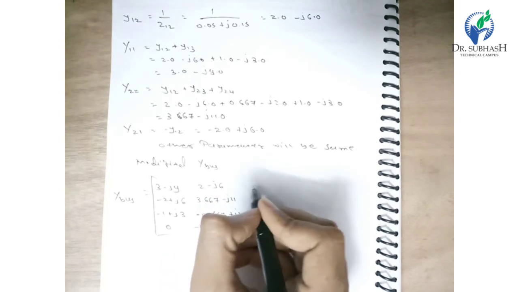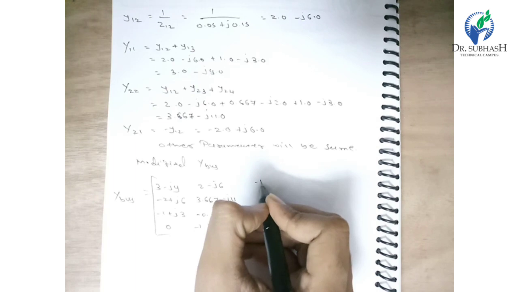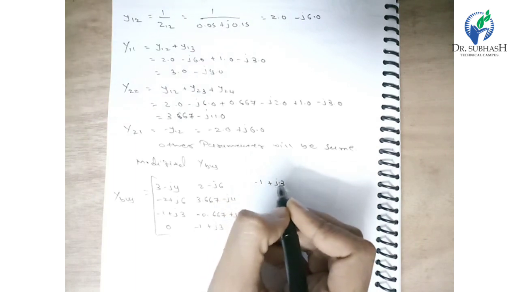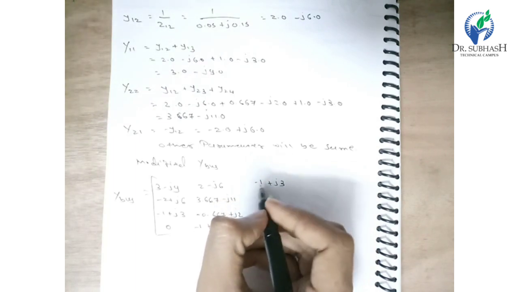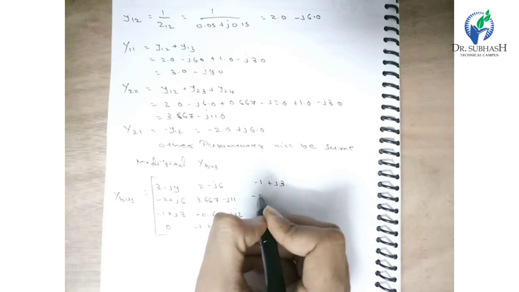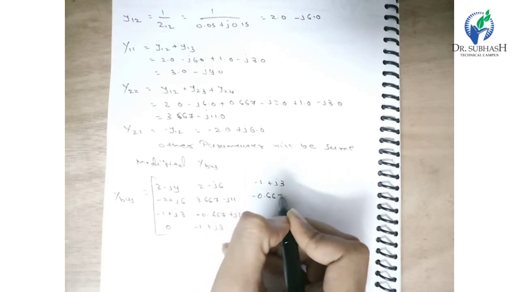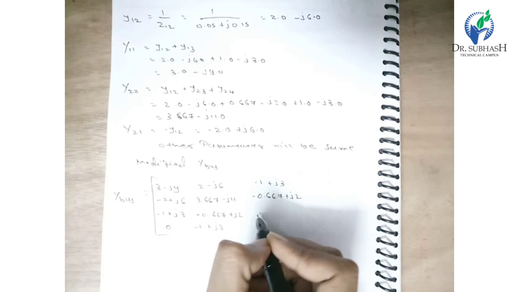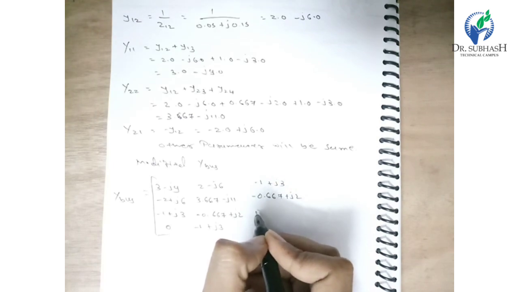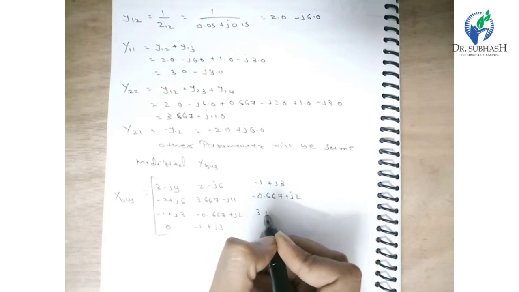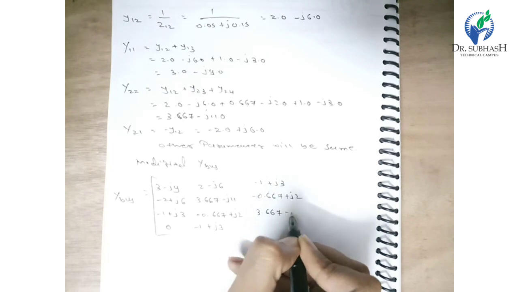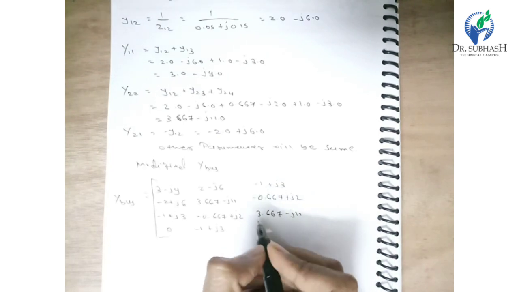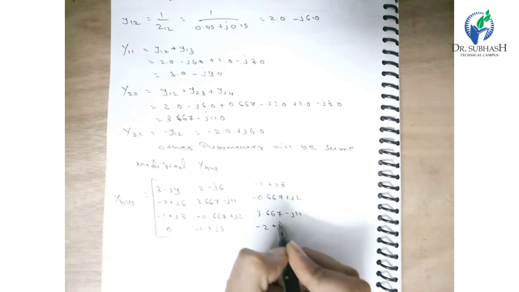The third column, the value is minus 1 plus j into 3. The next is minus 0.667 plus j into 2. The next is 3.667 minus j into 11, and fourth value is minus 2 plus j into 6.